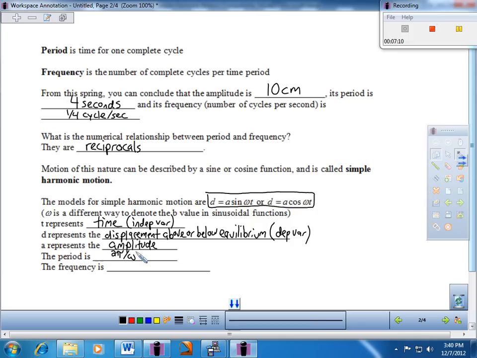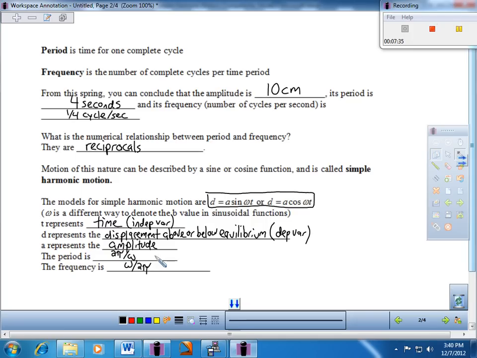And then since this one is new, let's focus on this piece. The frequency would just be the reciprocal. So if the period takes a certain number of seconds, then it's the reciprocal of that in terms of cycles per second. And so if this is the period, then this would be the frequency.